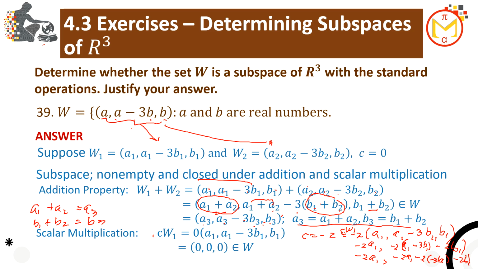If you consider a sub 4 equal to negative 2a sub 1 and b sub 4 equal to negative 2b sub 1, then you will come up with this form.